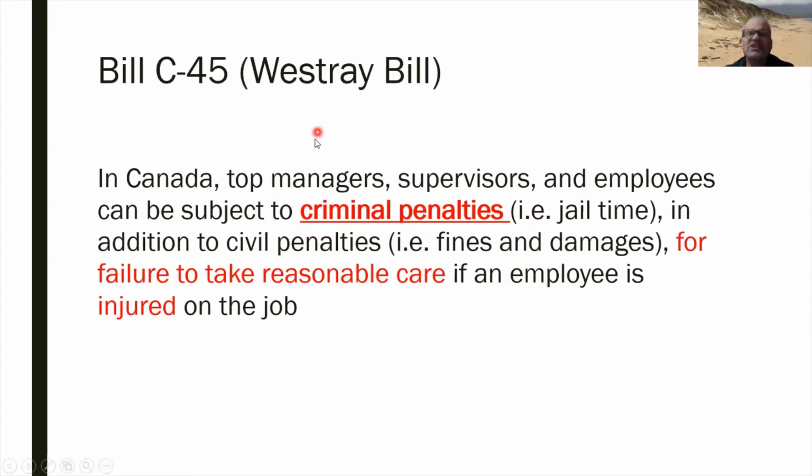So this is used for really egregious violations of safety practices, right? Not only as a manager are you liable for fines and damages, you can be jailed in Canada for really egregious safety violations.